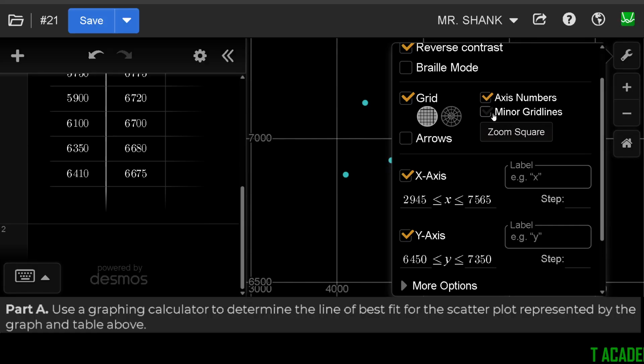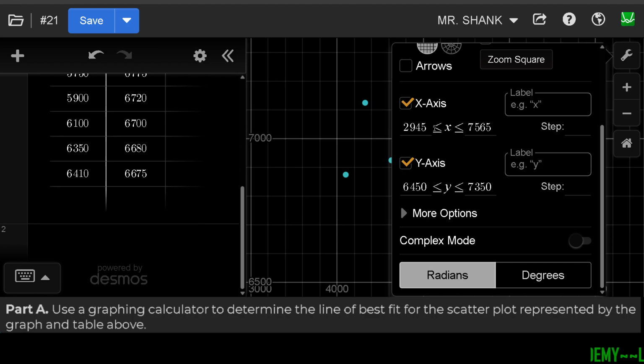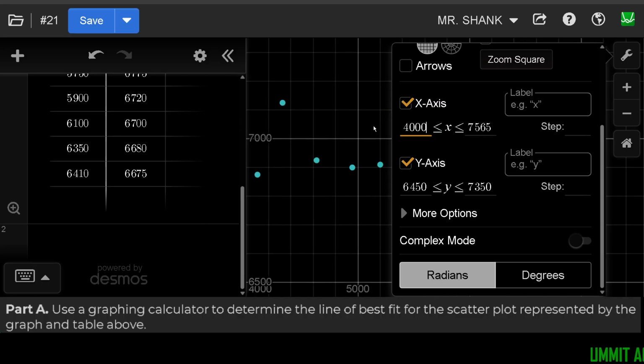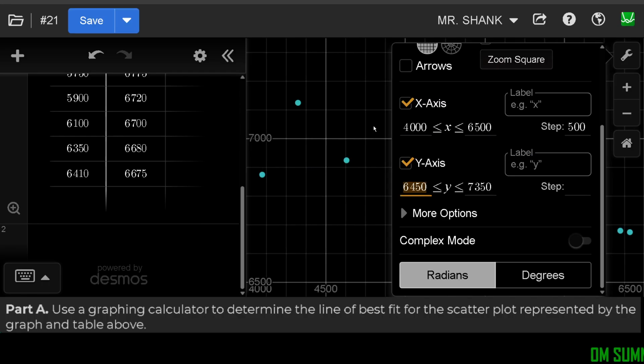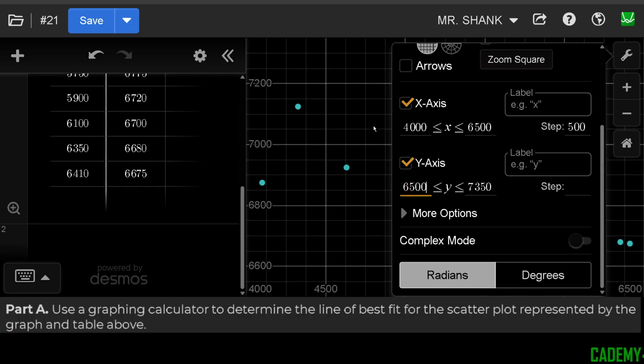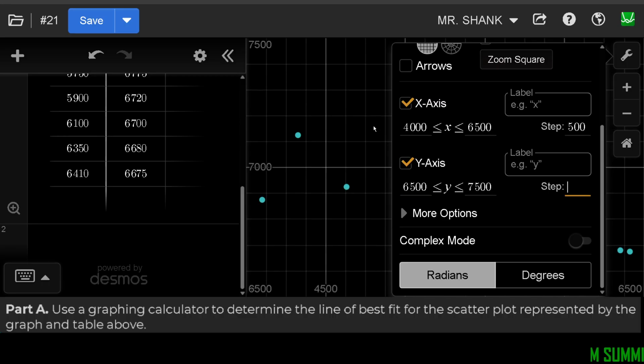So for example, I can set up my x-axis to be from 4,000. I'm just taking this from the actual graph. I'm going to say 4,000 to 6,500. That's a step of 500. And then for my y-axis, it's going to be 6,500 to 7,500, and the step is 250.